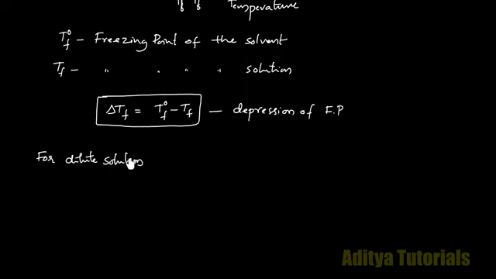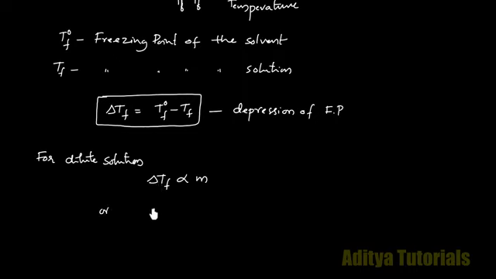Here delta Tf, that is the depression of freezing point, is directly proportional to molality, meaning the amount of non-volatile solute dissolved in a solvent directly affects the change in the freezing point.